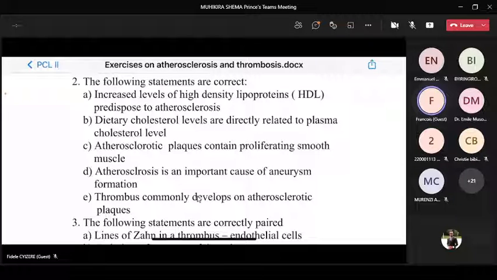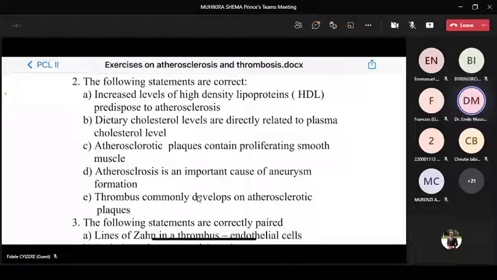Can you explain number D for me? The formation of an aneurysm due to atherosclerosis.